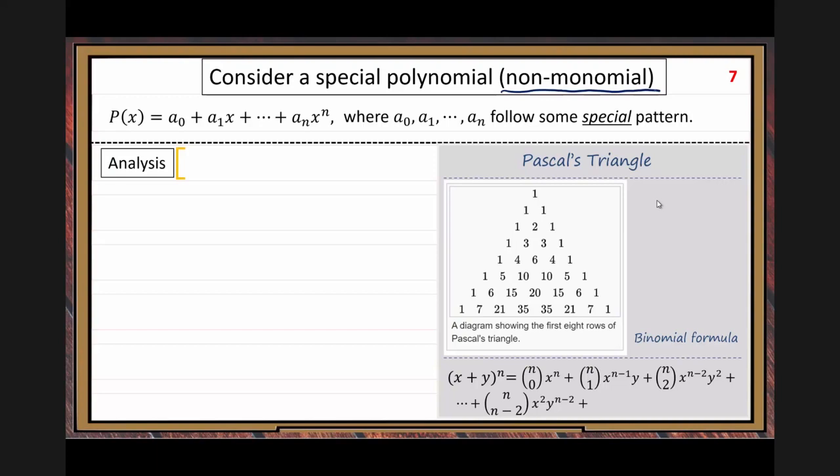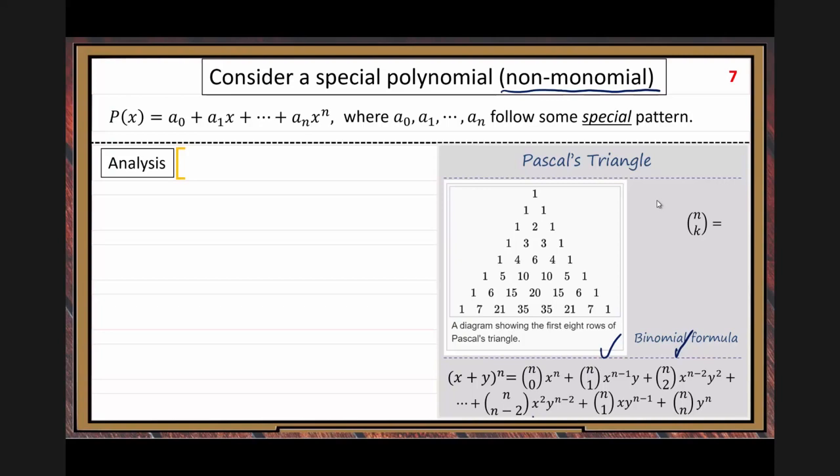That's the binomial formula. A question: how do we calculate these combinatorial numbers? There is a formula using factorials.